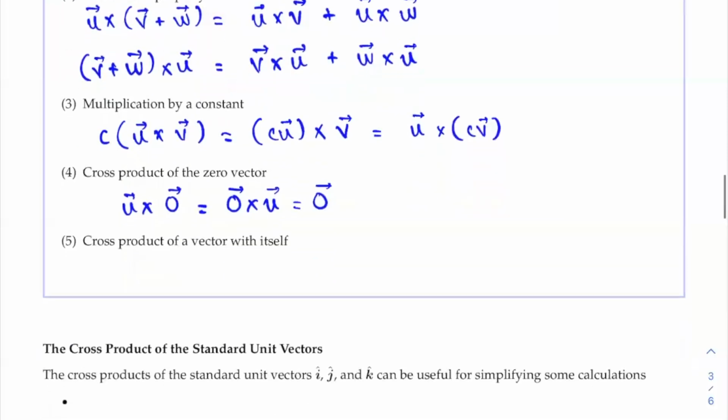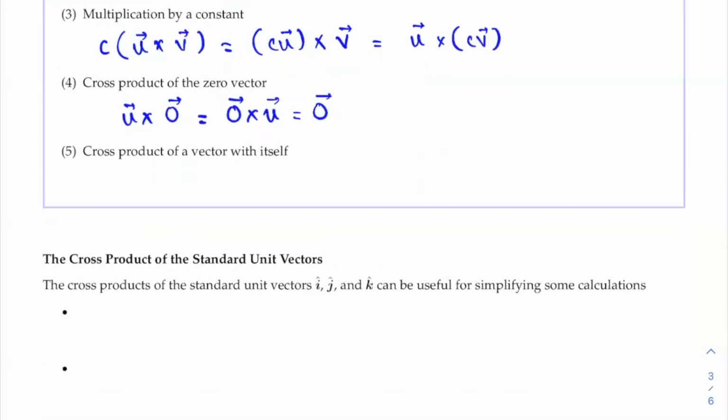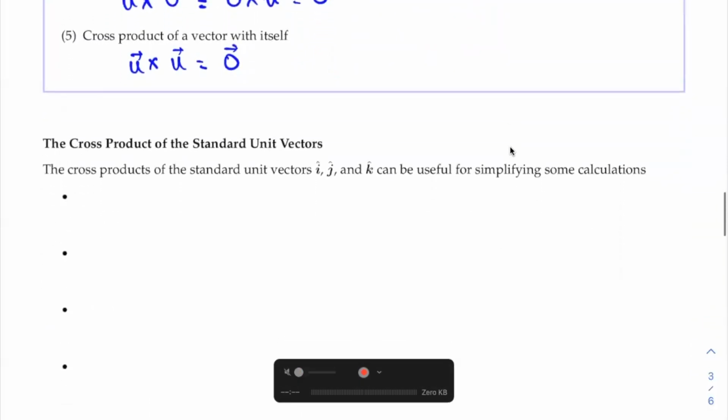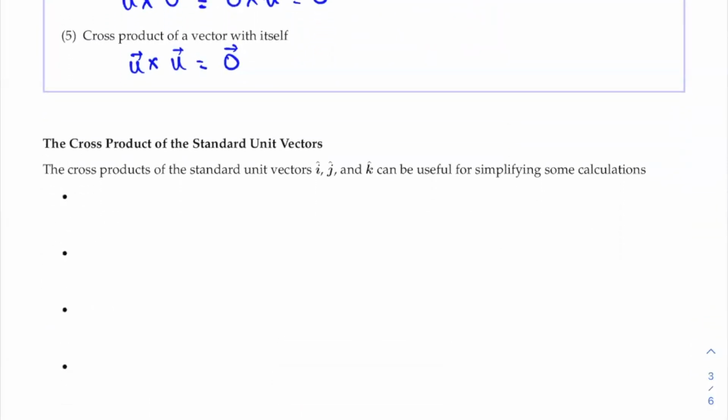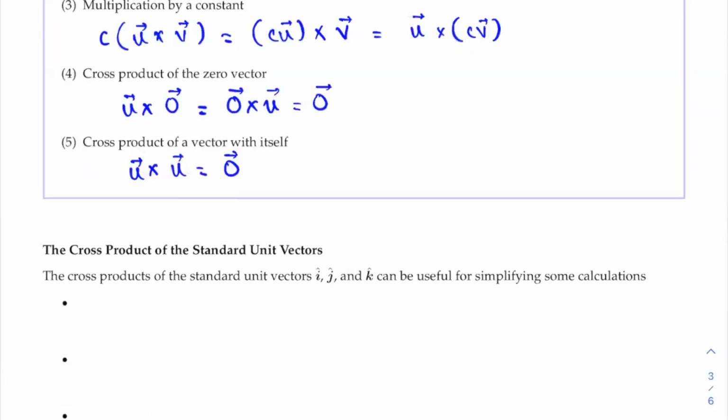For the last property here, the cross product of a vector with itself is going to be, so U crosses with U equal to a zero vector. So crossing with itself is going to be equal to 0. Sometimes it's very useful to know the cross product of standard unit vectors. If you consider the three-dimensional case, the standard unit vectors for the three-dimensional coordinate system are I, J, and K. So I crosses with itself is going to be equal to the zero vector.